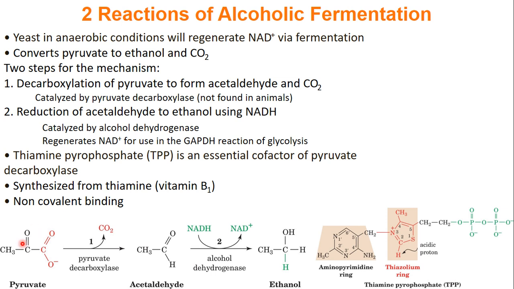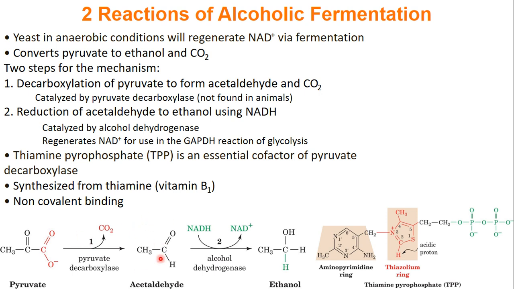The first step is to take pyruvate and do decarboxylation, which is what it sounds like, removing a CO2. This is done by pyruvate decarboxylase. The reason why mammals can't do fermentation, why if we're low in energy we just don't get drunk, is because we don't have pyruvate decarboxylase. We don't have the enzyme for this first step.